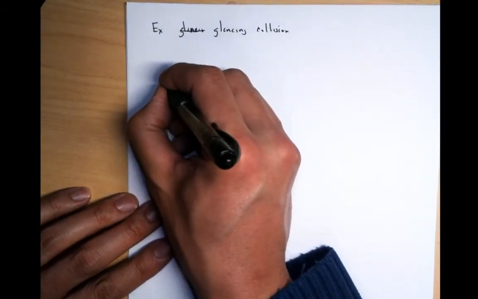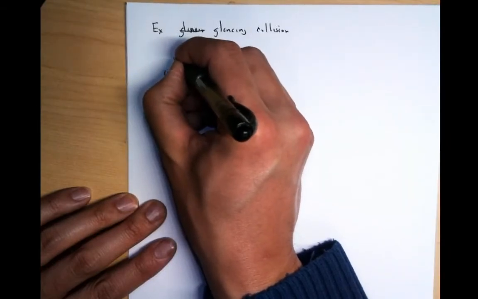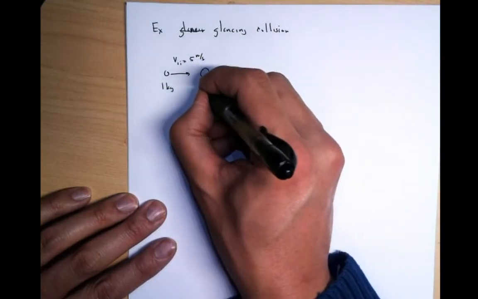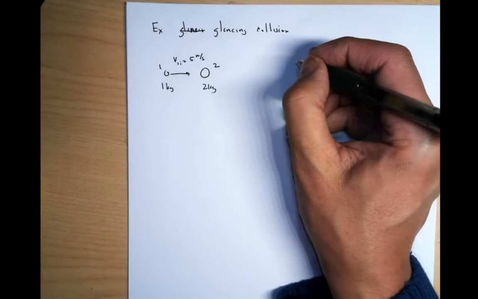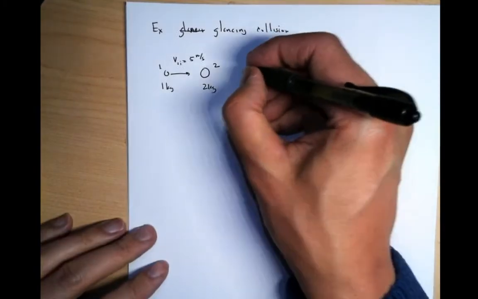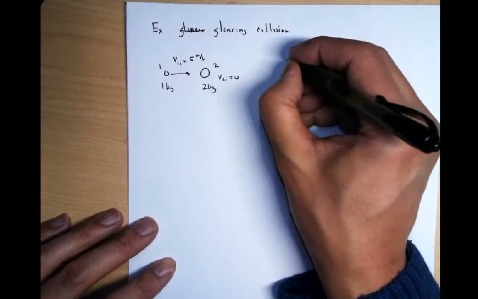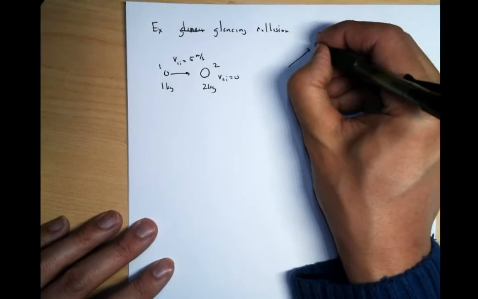Let's give this thing 1 kilogram mass, a velocity v1 initial of about 5 meters per second. It hits this object, which is 2 kilogram mass. So that's 1, that's 2, right? And v2 initial is equal to 0. And it gets separated out such that this one starts running off in this direction.